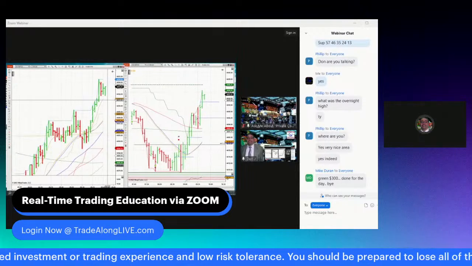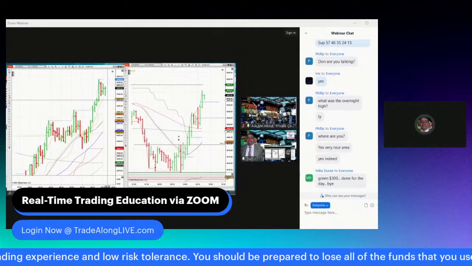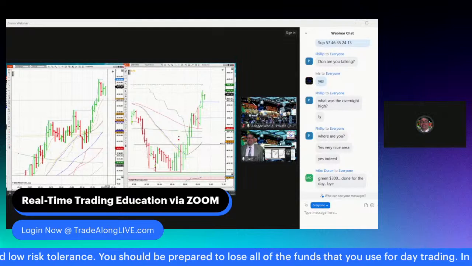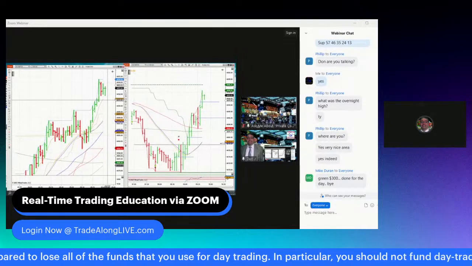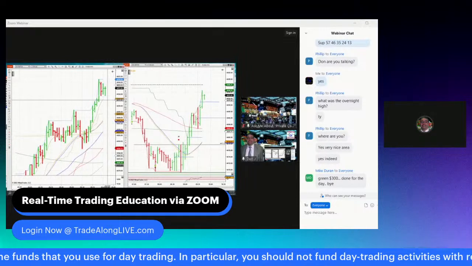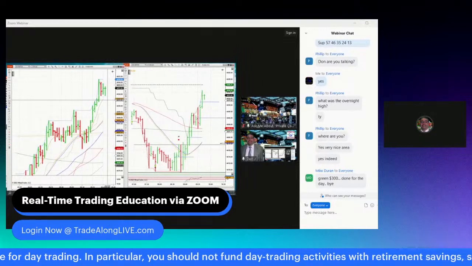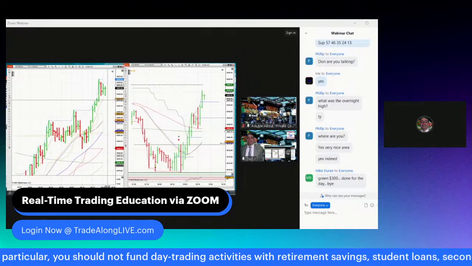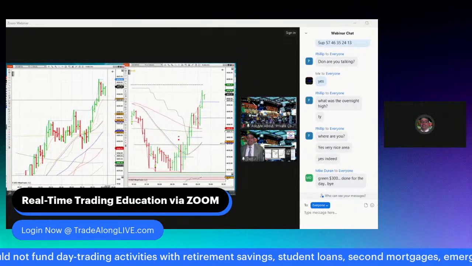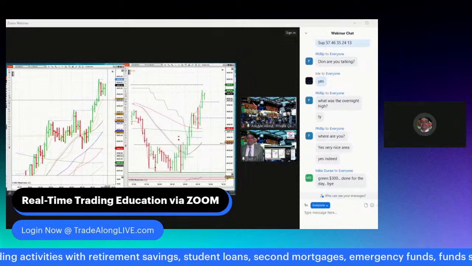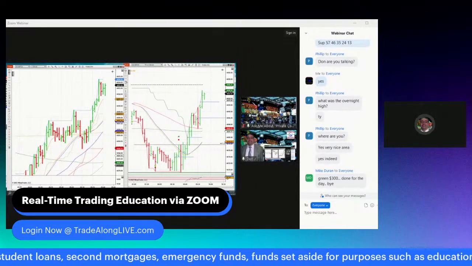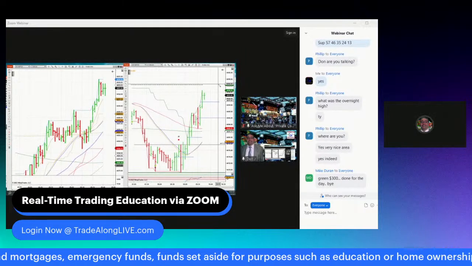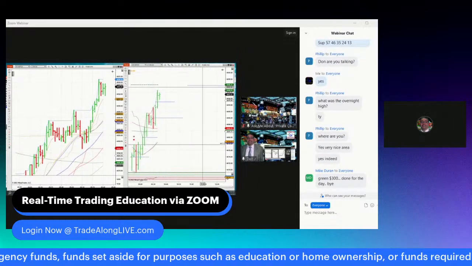We're just working our 91 area. Our next intermediate level up there we've got is going to be sitting there at 96. Right there.